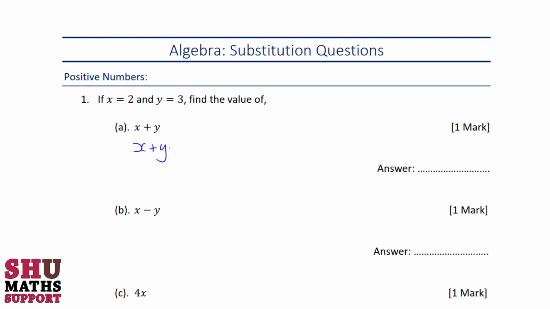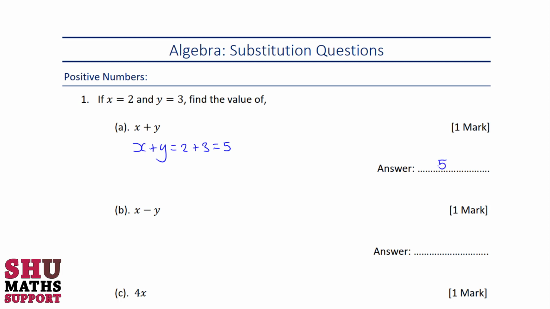So x plus y is equal to 2 plus 3. And then 2 plus 3 is obviously equal to 5. So the answer we need is 5.